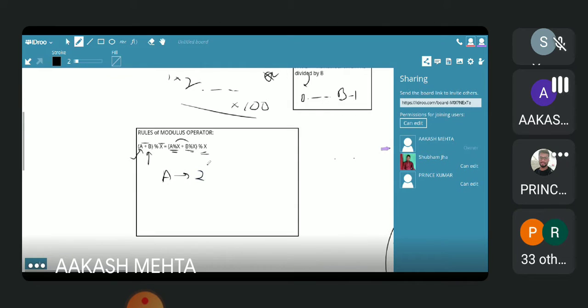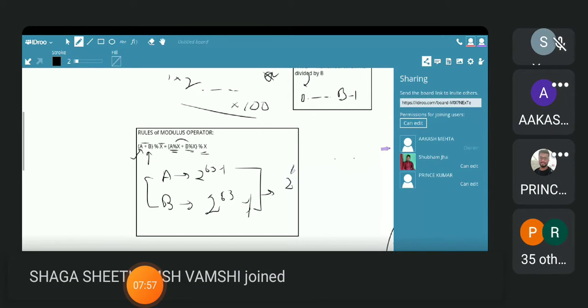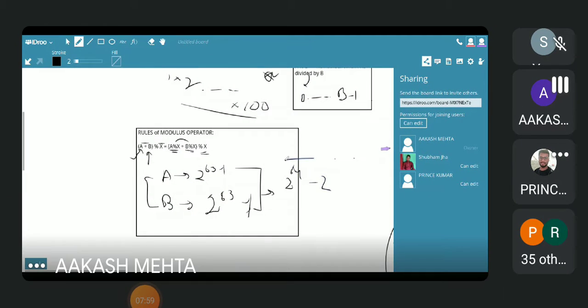Let's say both are 2 to the power 63 minus 1, and b is also this thing. So this a plus b, you cannot directly do a plus b and then take mod x. This will overflow because its answer will be 2 to the power 64, which we cannot store.